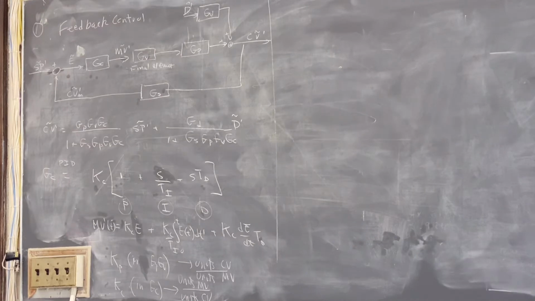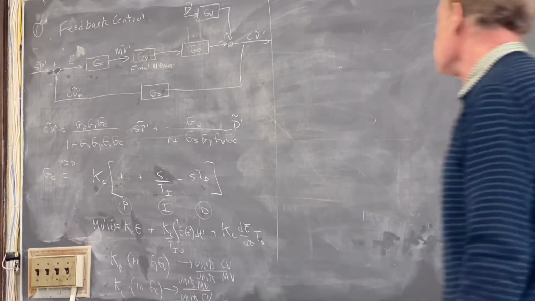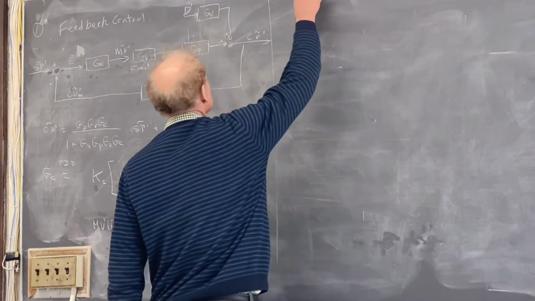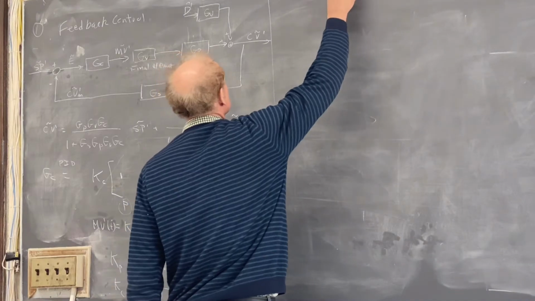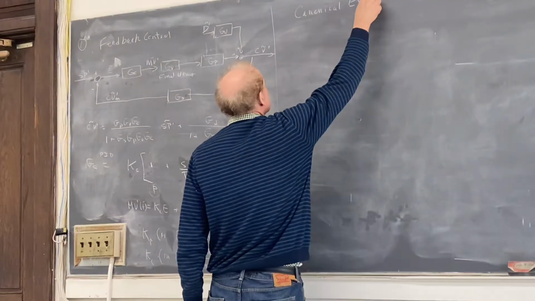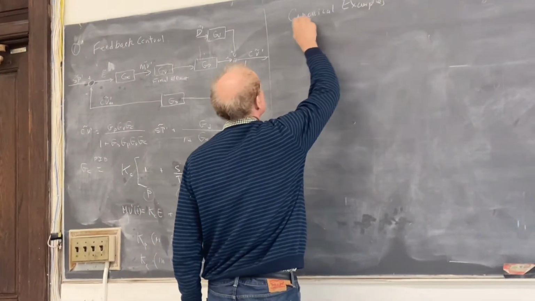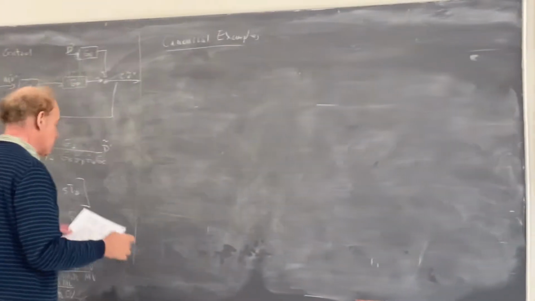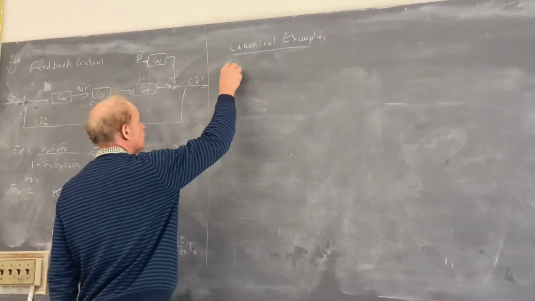Okay, so we had two canonical examples, and those are the ones that we've been testing things out on. So when I say canonical, I mean these are the examples we keep on going back to. So if you look at the page, there are two canonical examples. One of them was the 3 CSTRs in series.